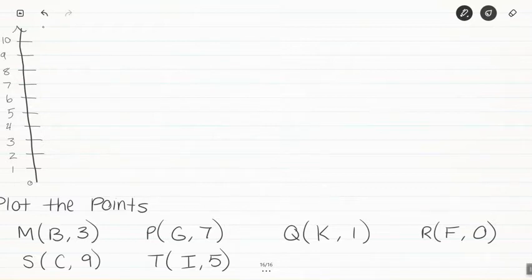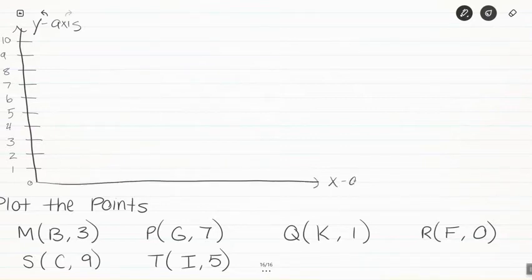So this is the y-axis, which is that vertical axis that we talked about in the notes that you copied on the previous page. All right, now the horizontal axis is the x-axis. And just like you would with Battleship, we're going to use letters for today.